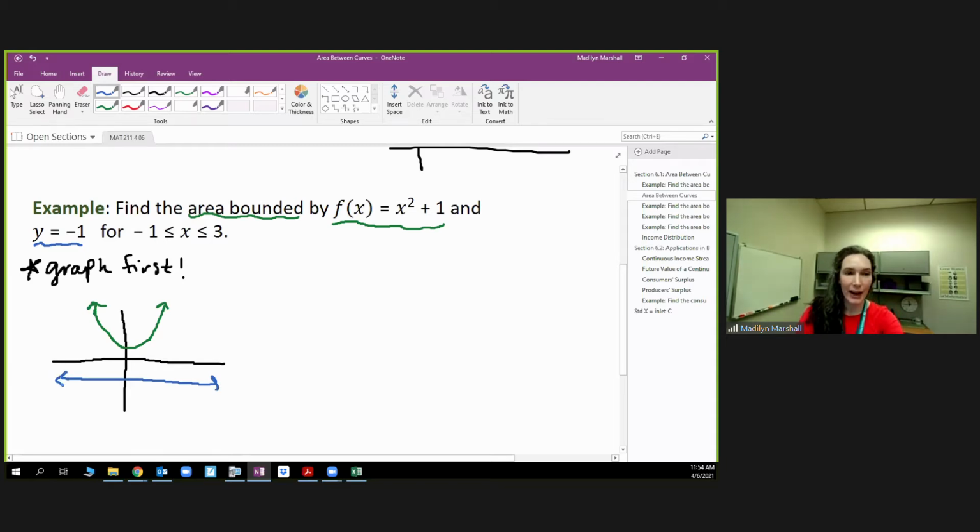So the graph does not have to be perfect. The important thing is that we see what the area is and what the relationship between these two graphs is. So then we also have these bounds between -1 and 3. Again, this is not a perfect graph, but at least we can see that x squared plus 1 is on top and y equals -1 is on bottom. And we're looking for this whole area that's bounded by these things.